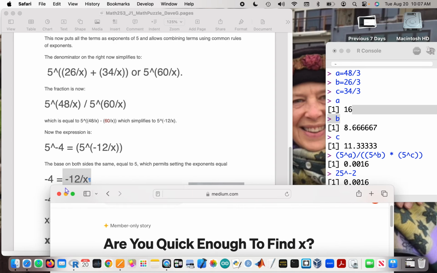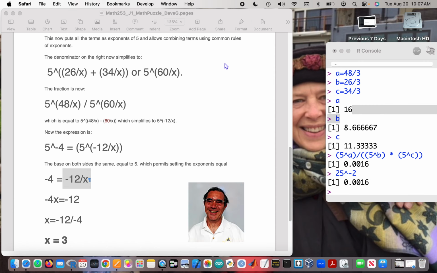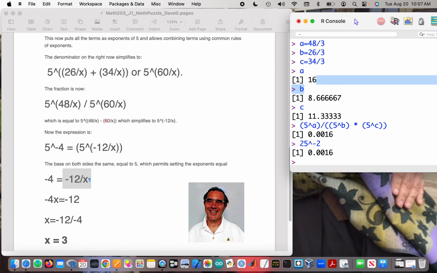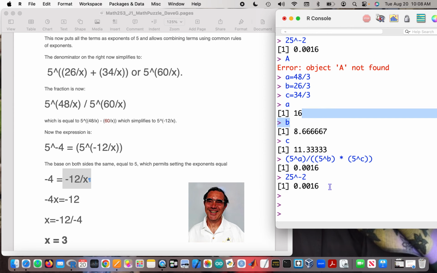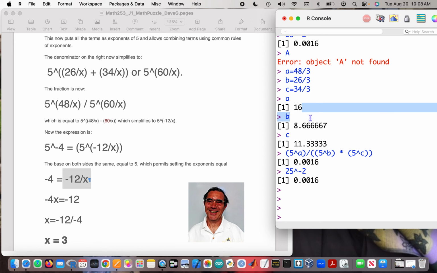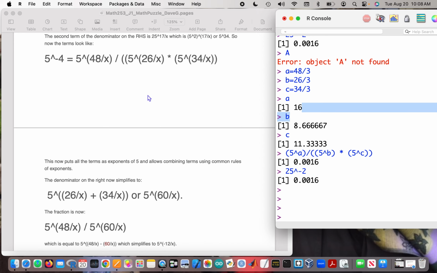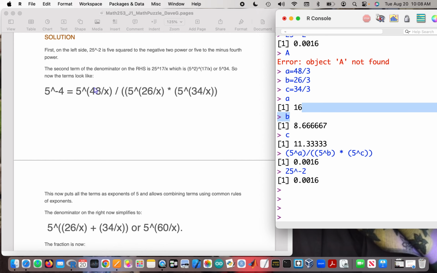So now the question is, was the math done correctly? Over to your right, you can see in our console, the three exponents are 5 to the power of 48 over 3, 5 to the power of 26 over 3, and 5 to the power of 34 over 3.